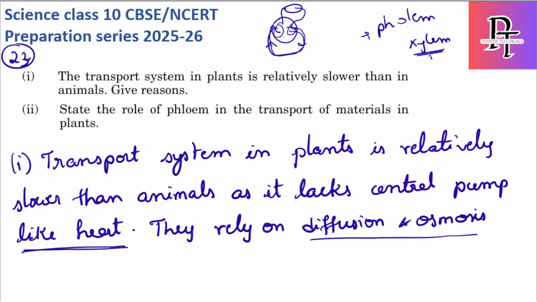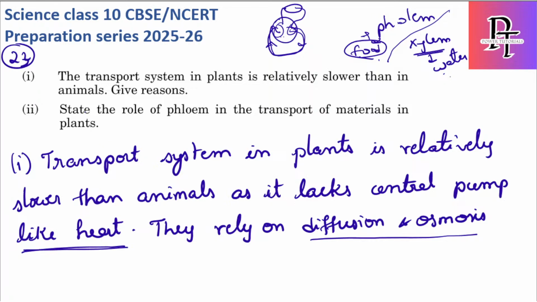Xylem is for water and it flows from roots to all the other body parts, whereas phloem is for food and other materials, which travel from leaves to other body parts. Xylem is unidirectional, phloem is bidirectional. If they ask you to differentiate between xylem and phloem, you have to say these points. But in this question they are not asking, so I'm keeping it as an oral part.